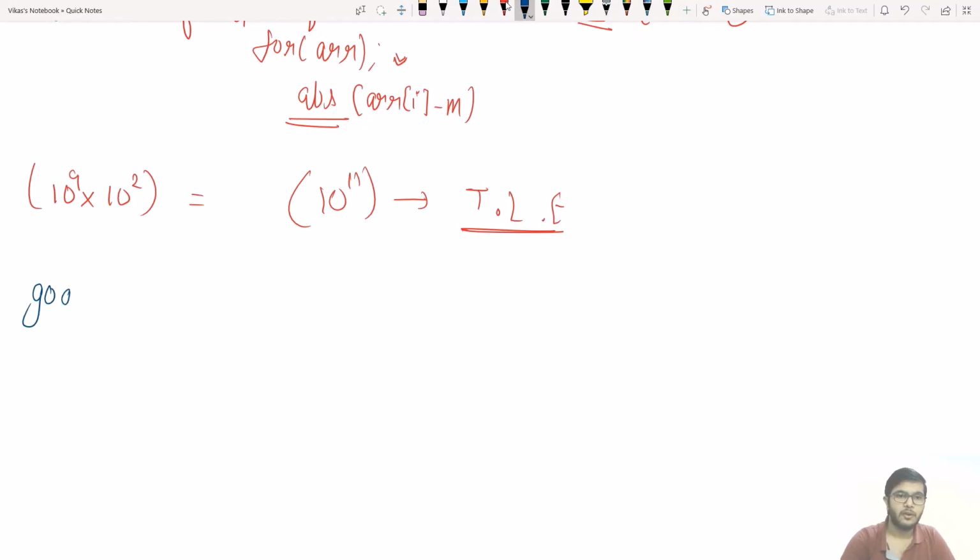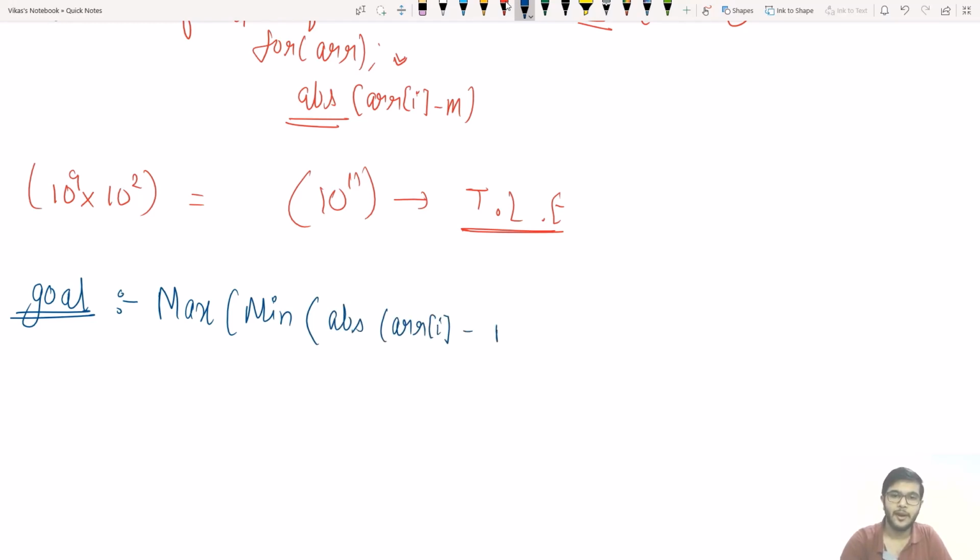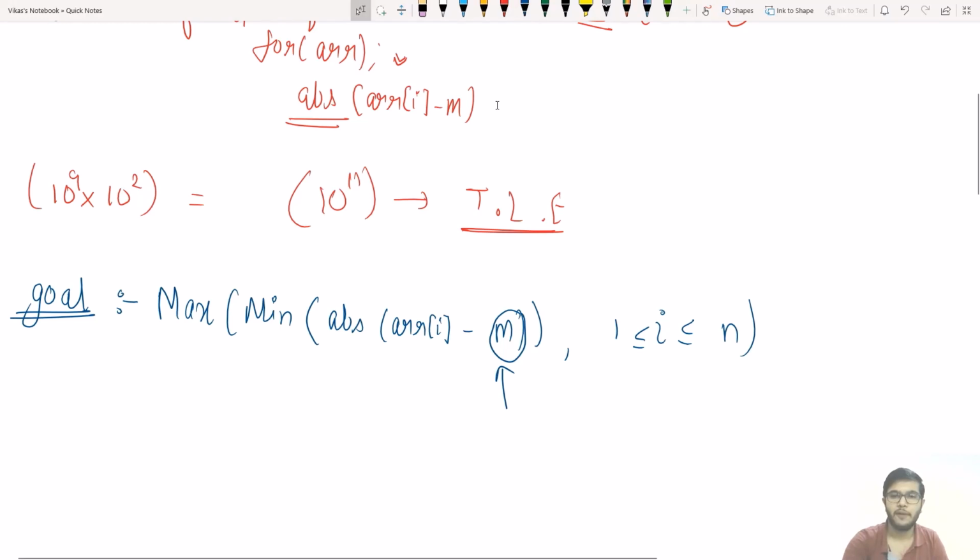Before discussing the optimized approach, what is our goal? Our goal is to maximize our minimum values, that is the absolute difference between array of i and m, where i lies between 1 to n. Is it efficient to take all the m's from P to Q and find the absolute difference?